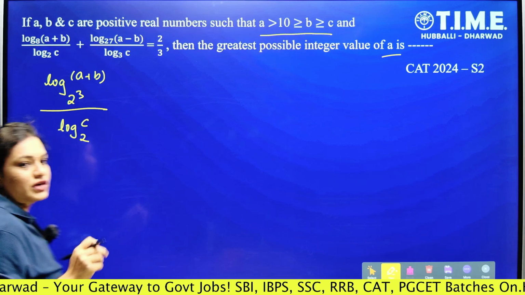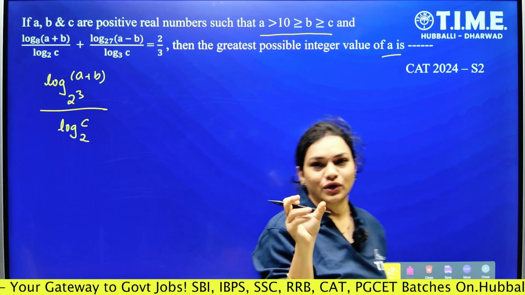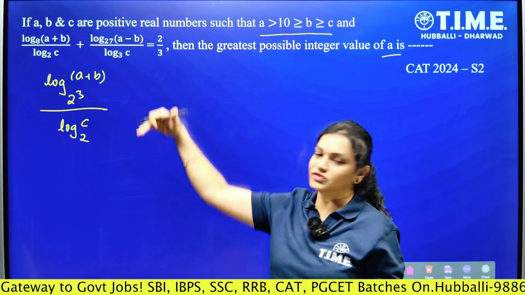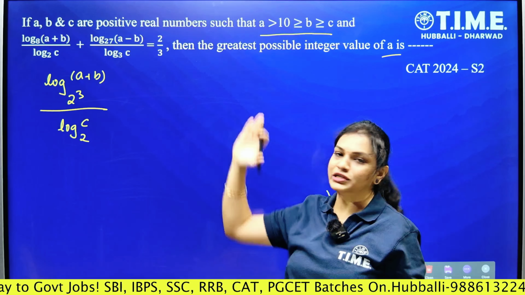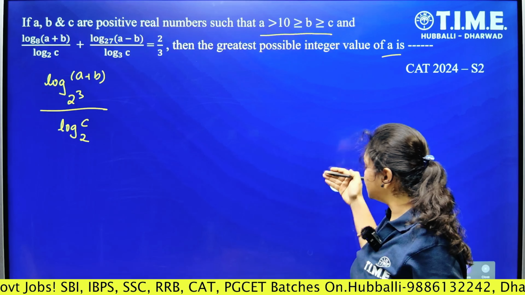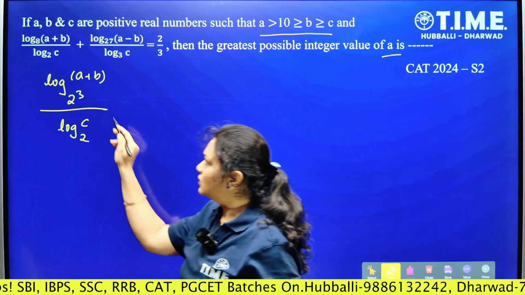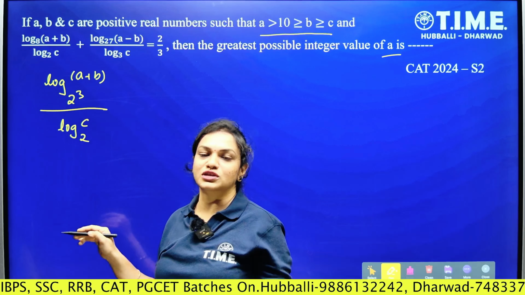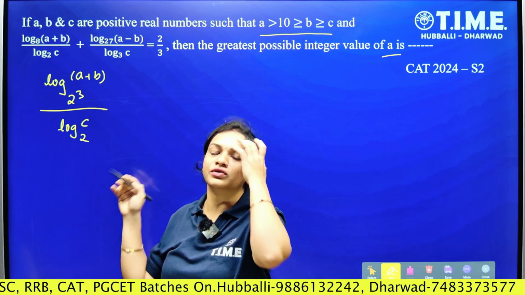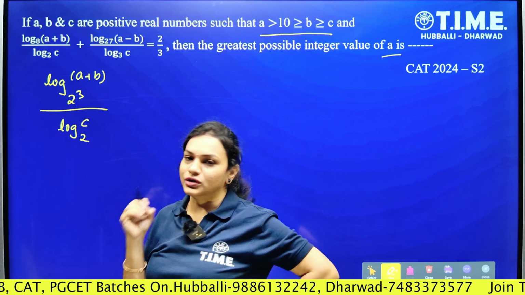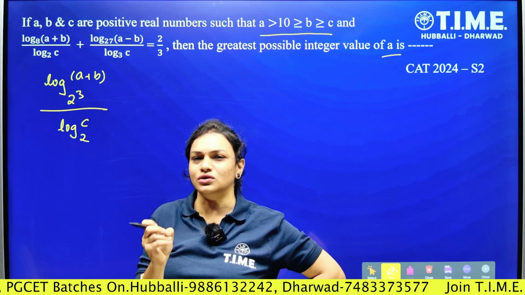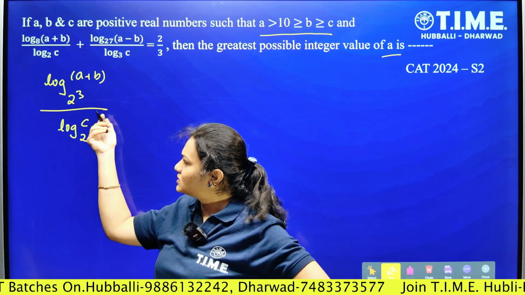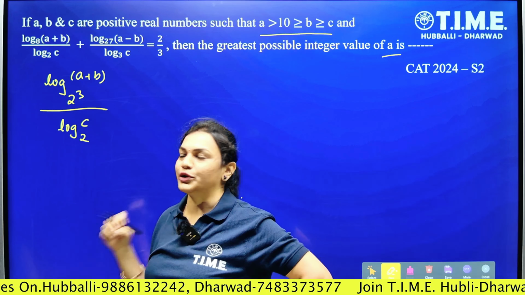Now first understand this one condition, then we will simplify it directly. Otherwise the steps will increase. If you are thorough with the rules, then you can do it directly here. For those who don't know, I am telling you the step by step method.